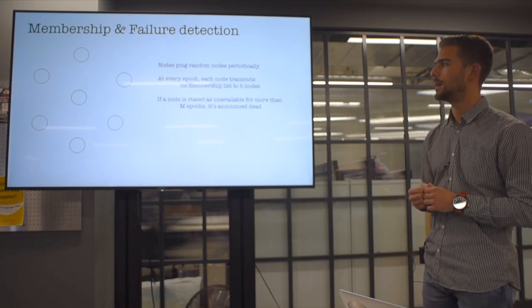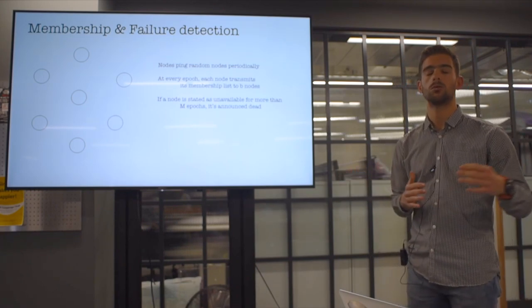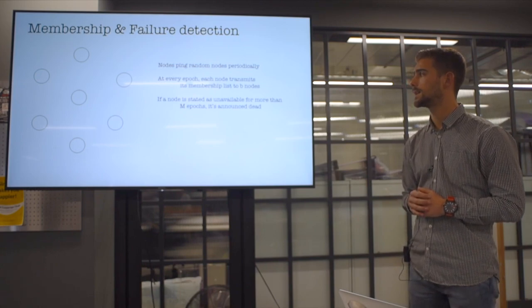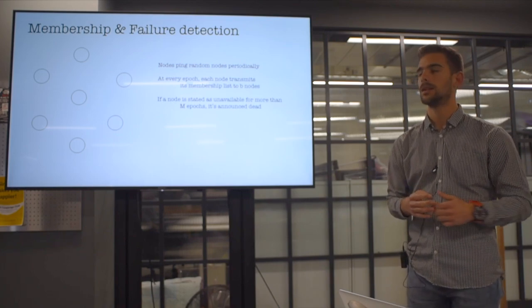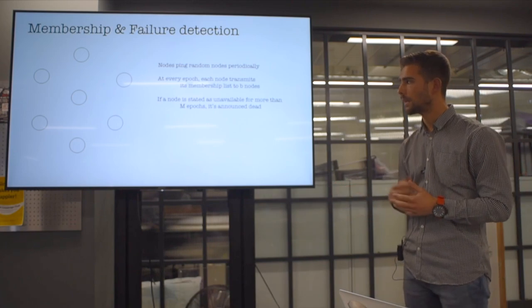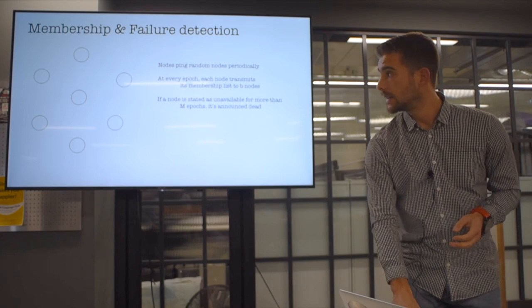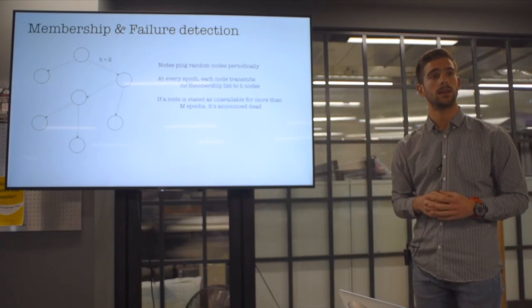Every time a node receives that membership table, it synchronizes with its own data. And if one of the nodes has not been seen alive for m epochs, it is announced dead. That's the main workings of the algorithm. And to show how that works, if B is 2, that's the way it would work, for example.